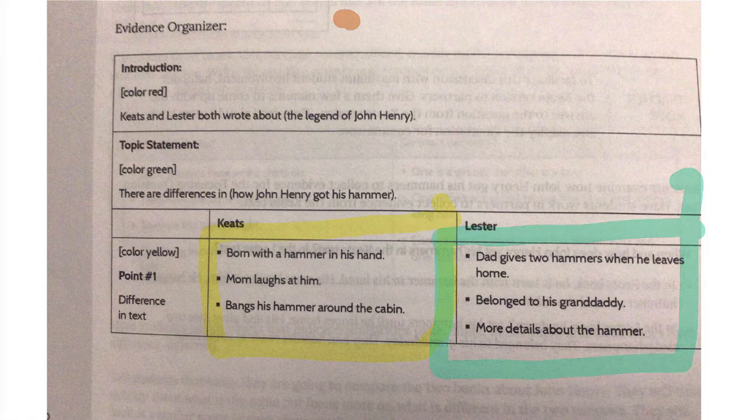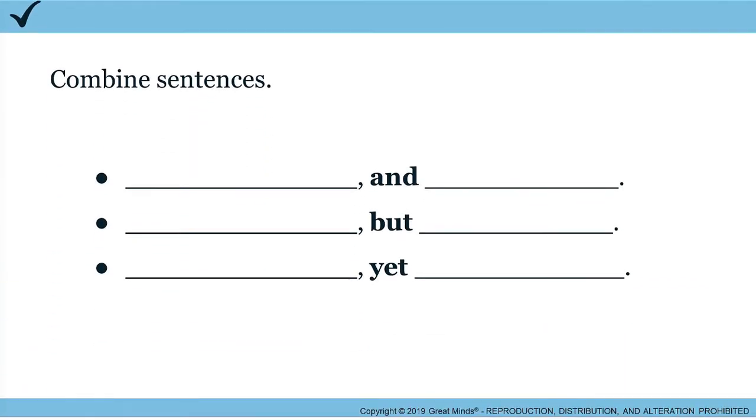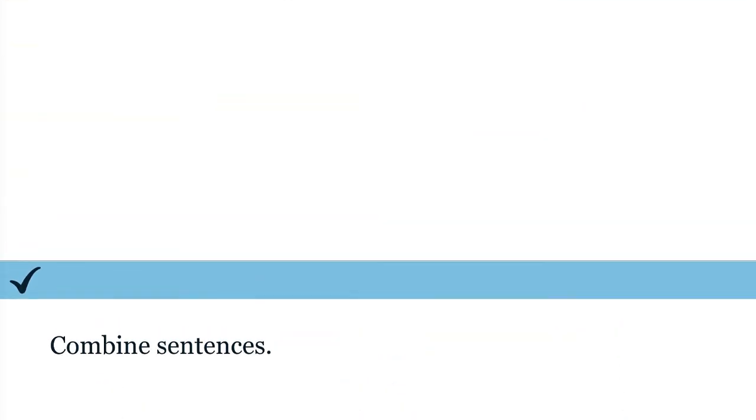So when we have something that's different, what conjunction did we say that we would use? Not and, we would use the conjunction comma but. So looking at our sentence stem, we can take 2 of those sentences, and then we're going to put comma but between them. So these are differences, remember.